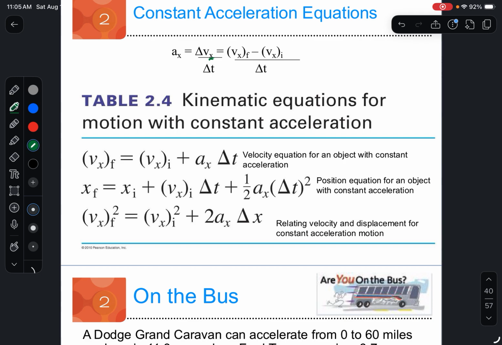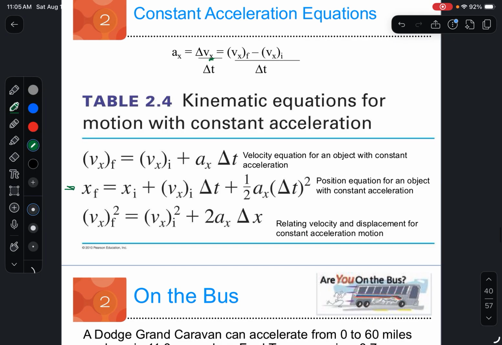And the last one relates velocity and displacement for constant acceleration. You want to be able to solve these kinematic equations for every variable. The only exception would be the second equation, and I would never have you solve for time unless your initial velocity is 0, because you would get a quadratic equation, and we're not going to deal with those in this class this semester.